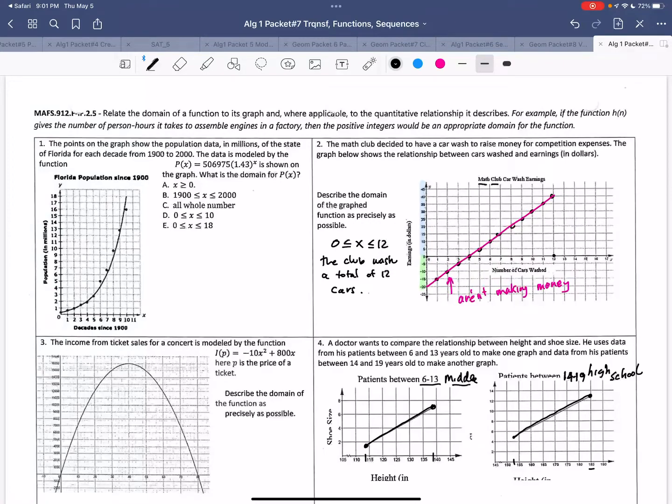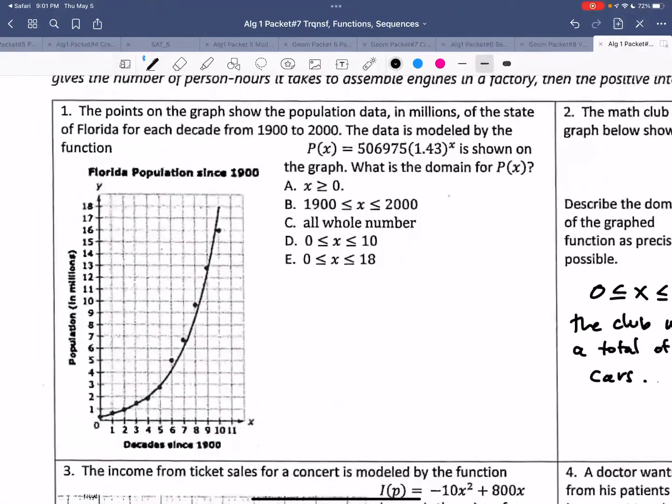All right, let's look at one. The points on the graph show the population data in millions of the state of Florida for each decade. All right, so we see X as the exponent. That's why it's climbing like this. Should come as no surprise. What is the domain? That is our range of X values.